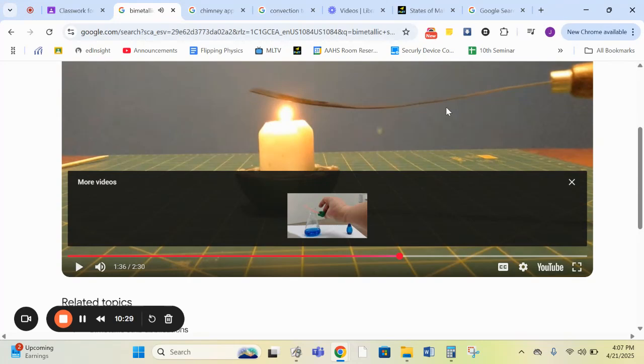That was perfectly straight before she started heating it, and one side expands more than another, so it starts to bend up where the other side doesn't bend as much.